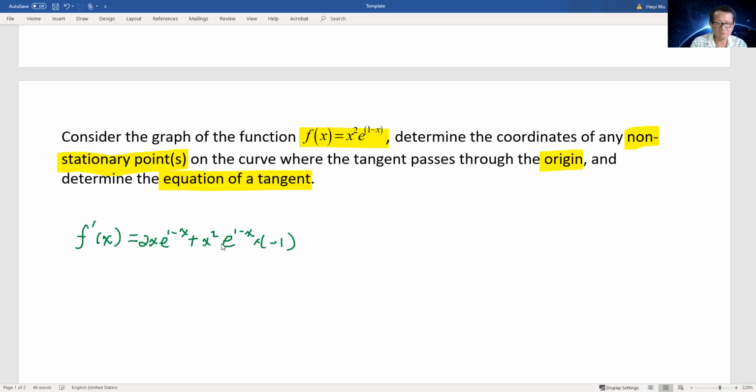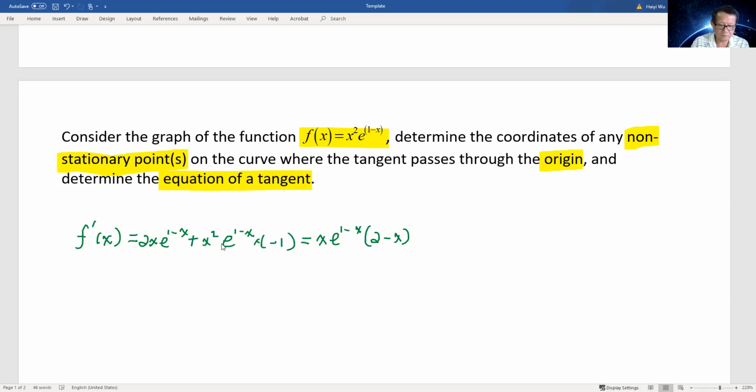This is our product rule. We simplify to get x as a common factor: x e to the power of 1 minus x, times (2 minus x). That's the derivative. We know that anything to do with the tangent, we need to find the derivative.